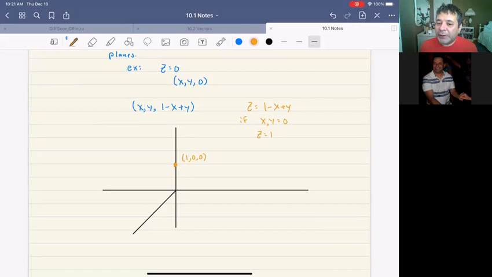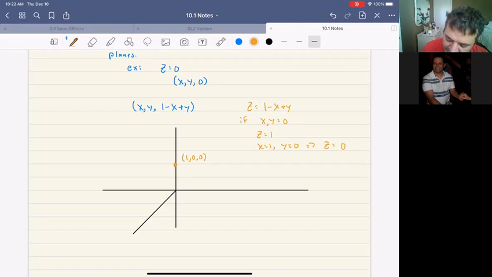I'm going to pick a couple more. Let's pick x equals 1, y equals 0. When I put that in here, I get z equals 1 minus 1 is 0, plus 0 is 0. So z is going to equal 0.